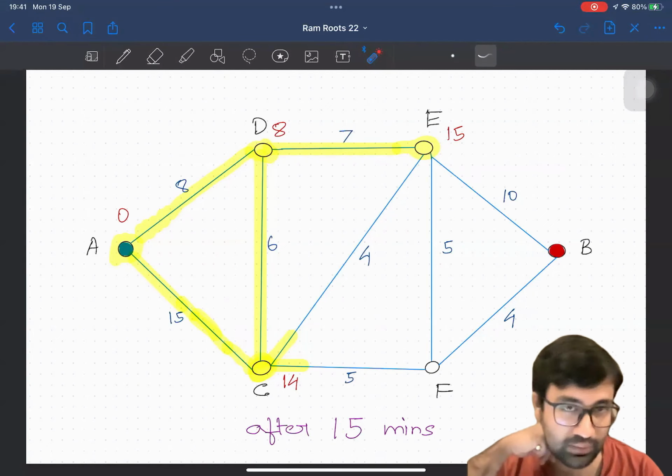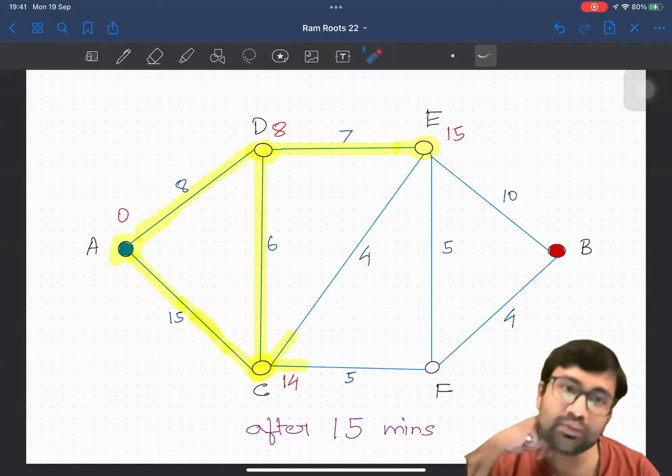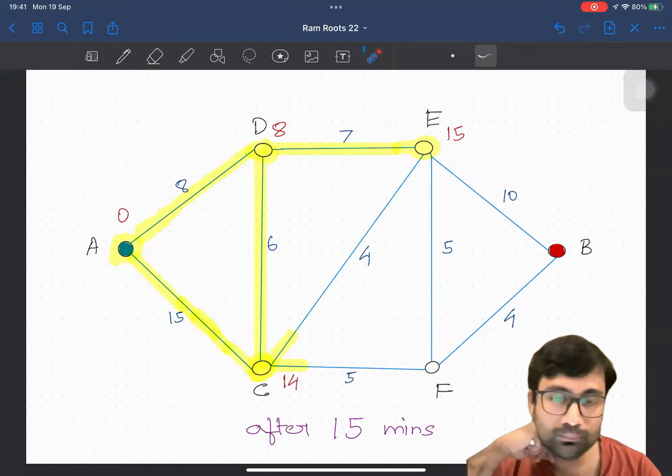So you want to go from A to D, then D to E. Okay, and then from E where? To B. How much time does it take to go from E to B? The pattern we have identified is from A to D it is taking 8 minutes, and D to E it will take 7 minutes. So the total is 15, decreasing by 1. No, it is not decreasing by 1.